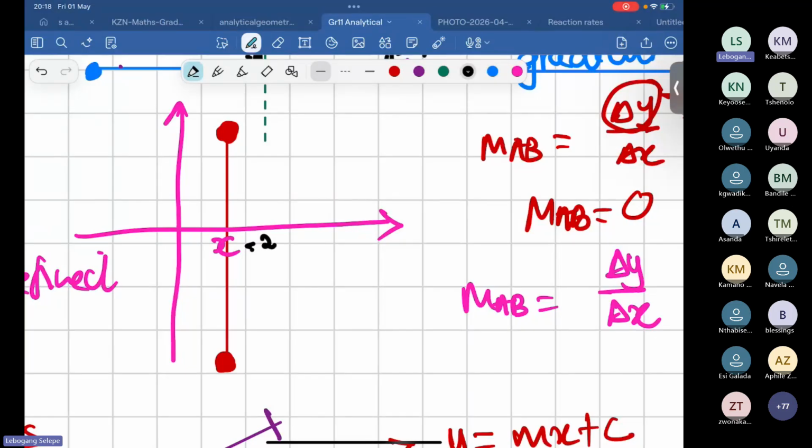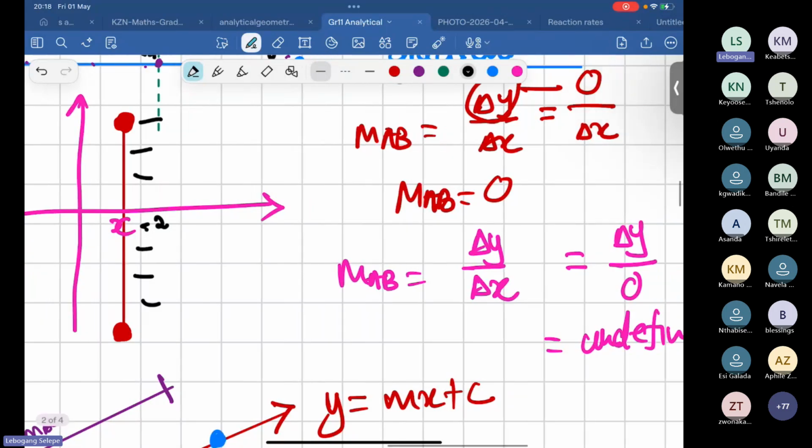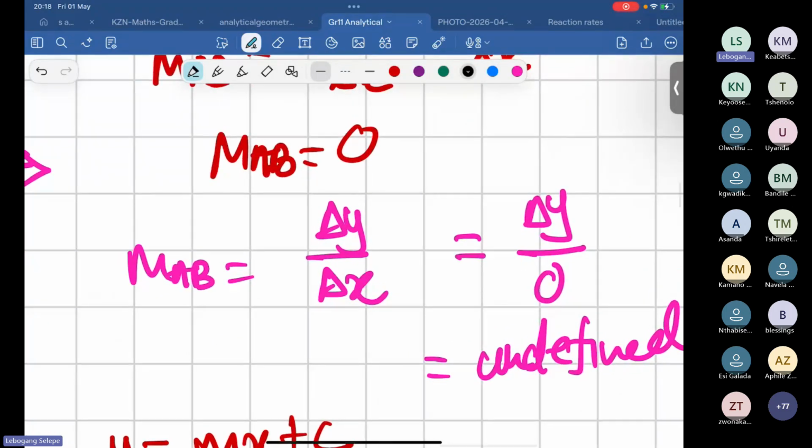However, what we can see from the screen is that the y values are changing, because this line starts somewhere here, then there's a y value here, here, here, here. So you can see that the y values are actually changing. So there is a change in y. Again, what does that mean for the gradient? We know that the gradient of a function is given by the change in y over the change in x.